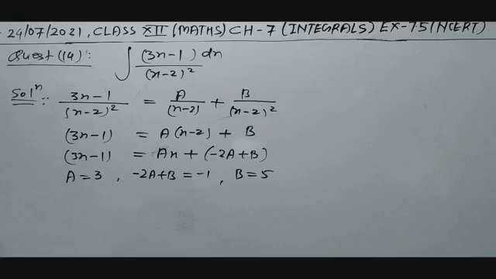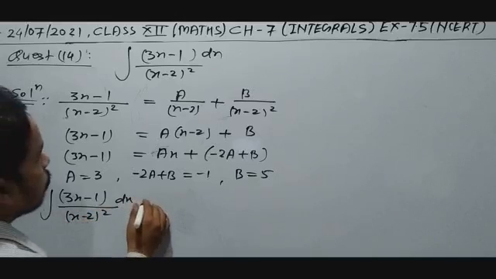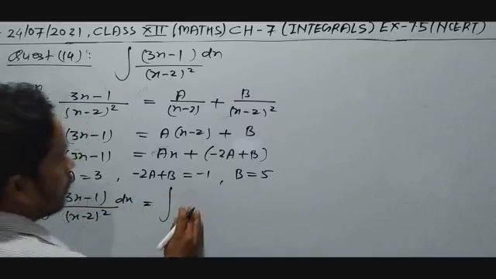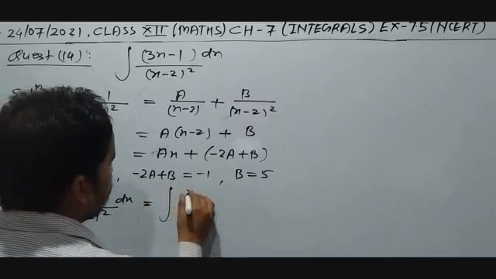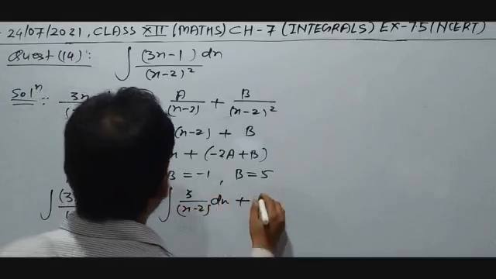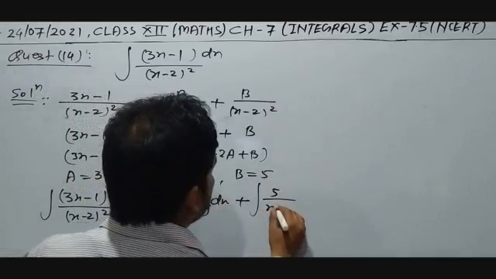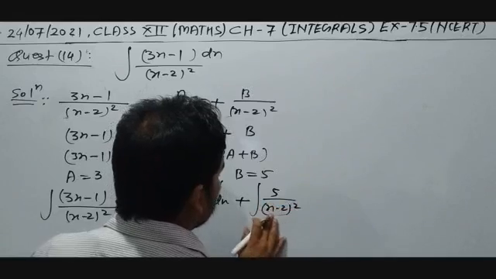Now the integration will convert: integration of (3x minus 1) dx whole upon (x minus 2) whole square is equal to integration of a, result is 3, so 3 times 1 upon (x minus 2) dx plus b, result is 5 times 1 upon (x minus 2) power 2 dx.